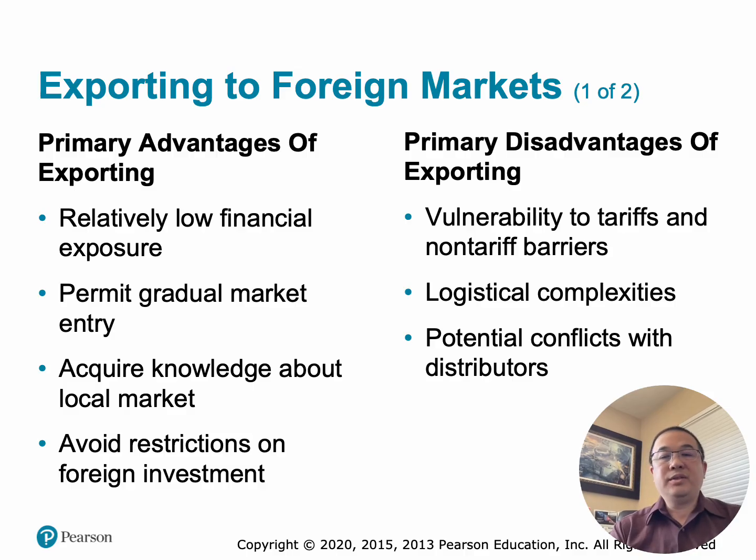Number three, potential conflicts with distributors. Many exporters rely on local distributors or agents. Problems may occur when distributors prioritize competing products, sales goals are not met, marketing strategies differ, or pricing disagreements arise. So the risk would be reduced control over customer relationships.